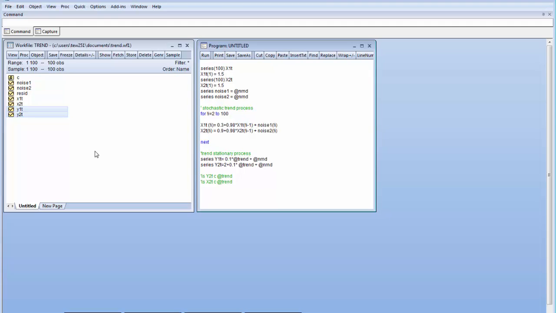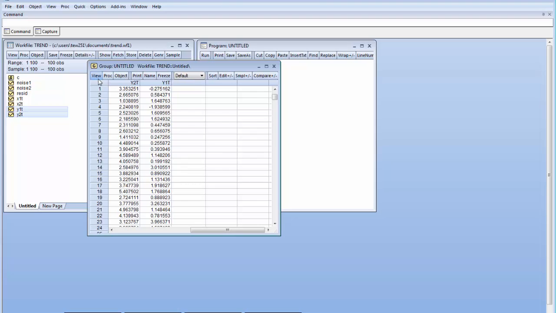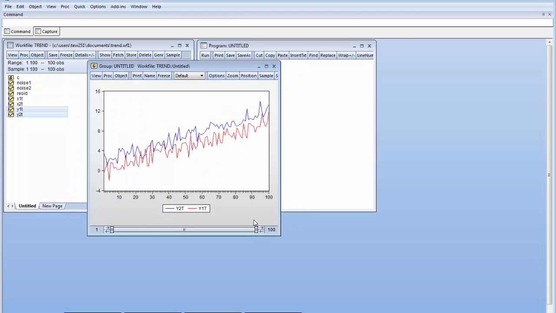Now, very often we have two series, and what happens is that we usually graph them. Let's start with the trend stationary process. Graph them. It's the first stage in your analysis of the time series, and you will be thinking, okay, there is some sort of cointegration between these two.